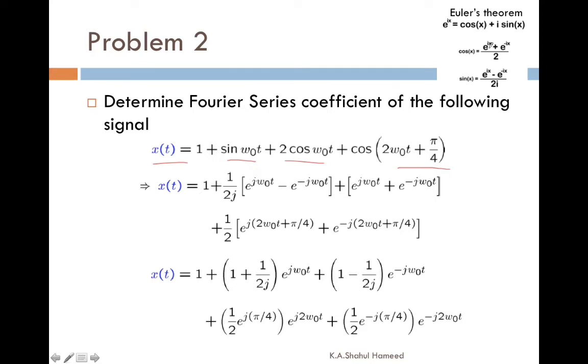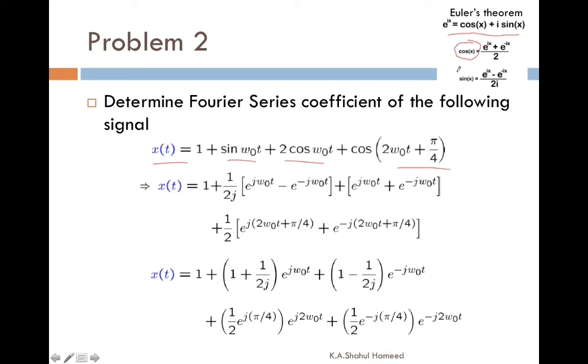Now we have to use Euler's theorem to expand the sine and cosine waveforms. Euler's theorem says e^(jx) is equal to cos x plus j sin x. At the same time, if you want to write cos x, you can write it in terms of complex exponentials, that is, cos x is equal to (e^(jx) plus e^(-jx))/2.